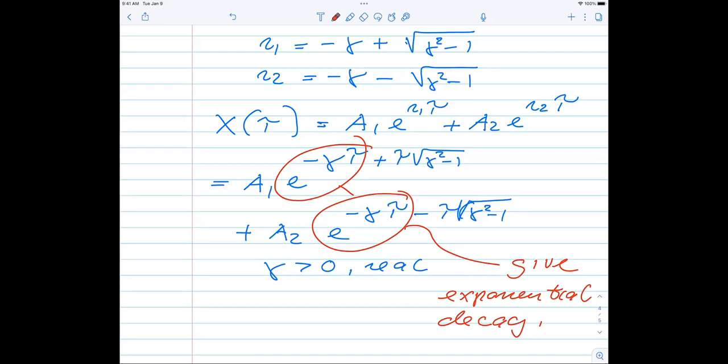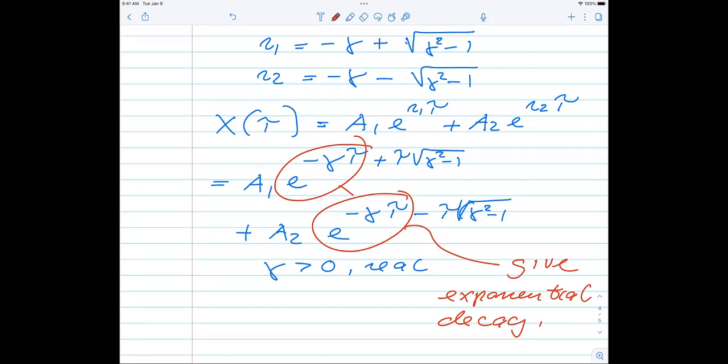If gamma squared is larger than 1, do we need to worry then? What happens then? What happens if gamma squared is larger than 1 in the square root there? Is that a real or imaginary number? That's real. So that means that the only thing we get then is actually gamma squared. So this square root of gamma squared minus 1 is just going to give us a new constant.